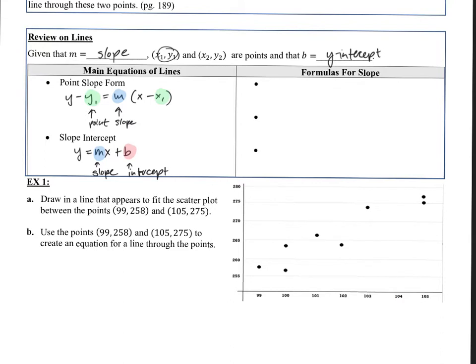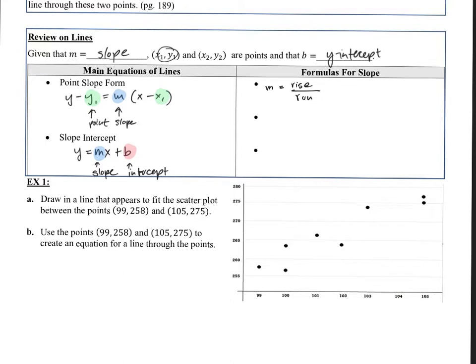Now let's take a look at some of the formulas for slope. Remember, slope describes the way your line is tilted on a graph. Maybe it goes down, or maybe it goes up. One of the simplest ways of finding slope is by looking at a graph and counting rise over run, how quickly you get from one point to the next.